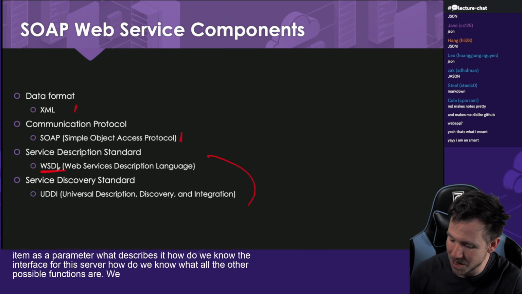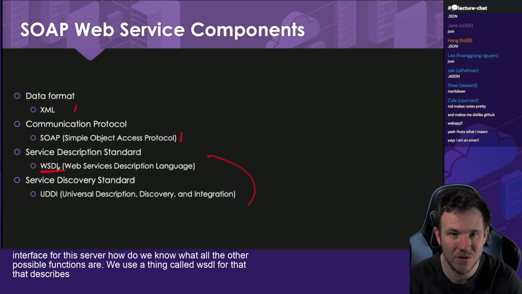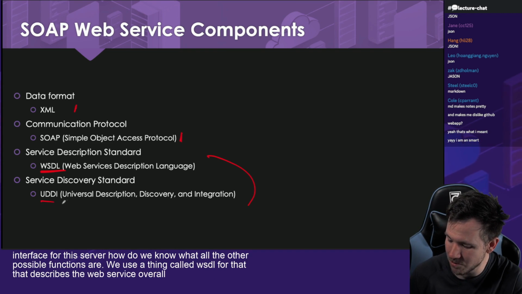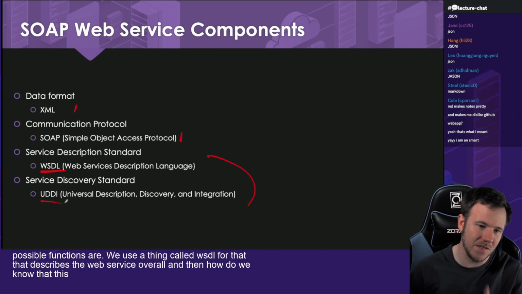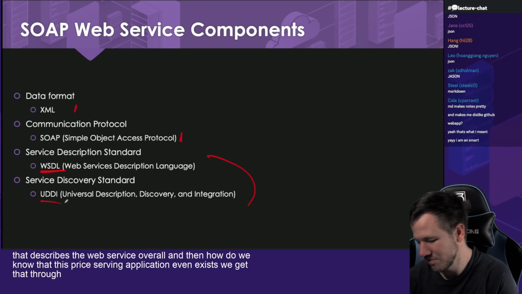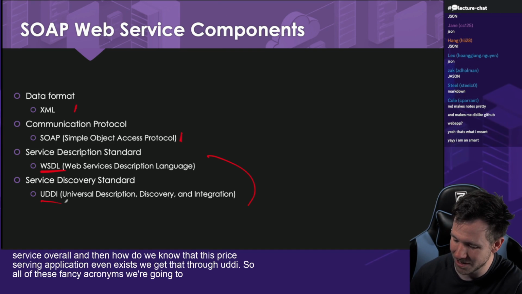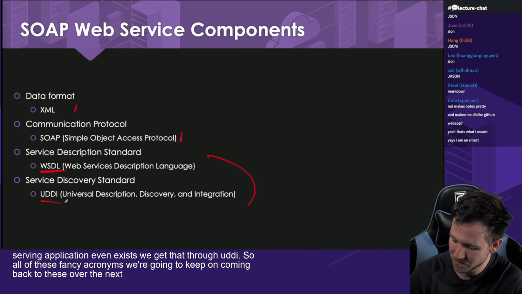We use a thing called WSDL for that, which describes the web service overall. And then how do we know that this price serving application even exists? We get that through a UDDI. So all of these fancy acronyms, we're going to keep coming back to over the next few slides.